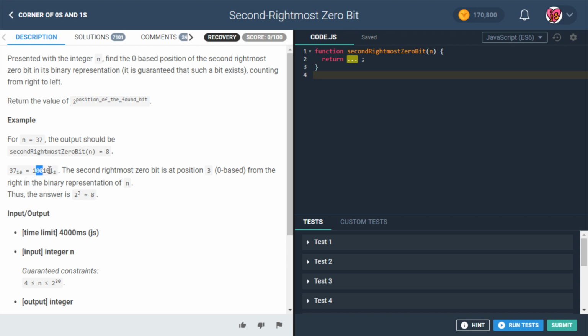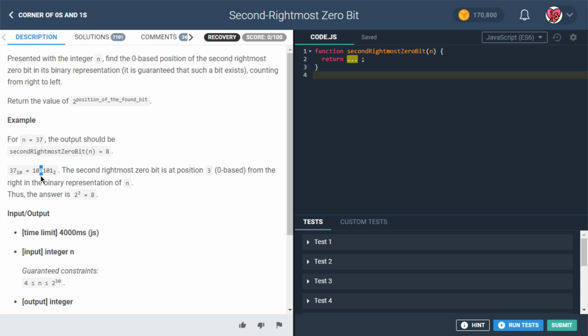We've got these two here, we've got this one over here. In some ways, I would say this is maybe not a perfect example because whether we're counting from right to left or from left to right, the second one is going to be this one. But I do want to clarify, it should be from right to left. That's the idea. So that's why it's this one over here.